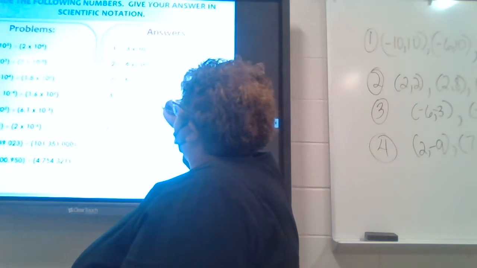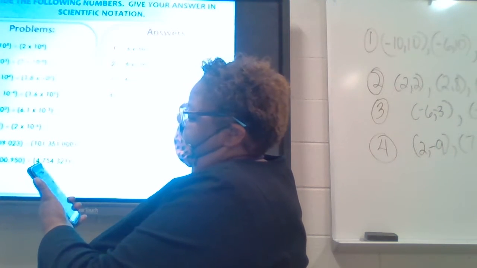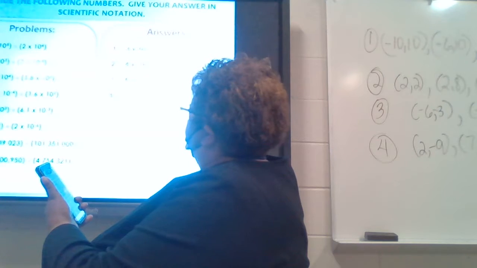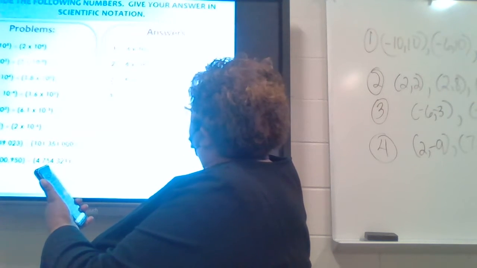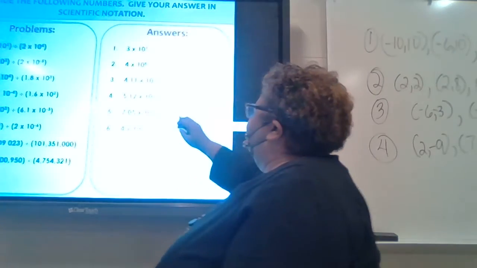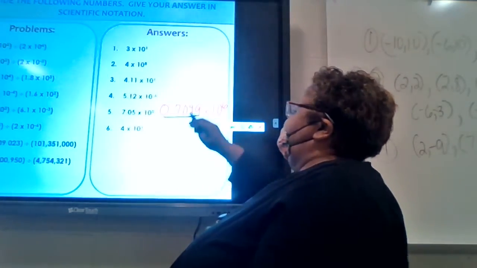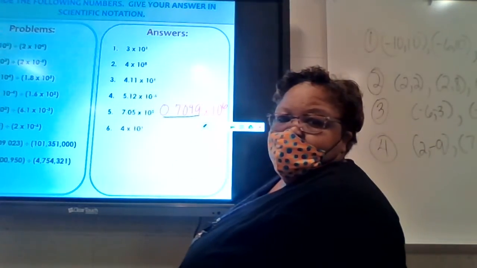Okay. So you get 0.7049 times 10 to the 6. But that is not in scientific notation because that number has to be at least 1.